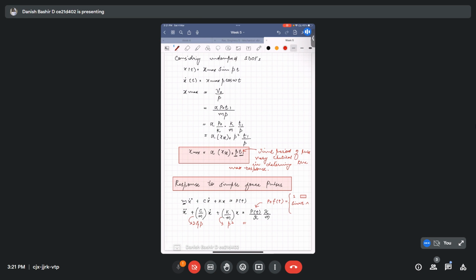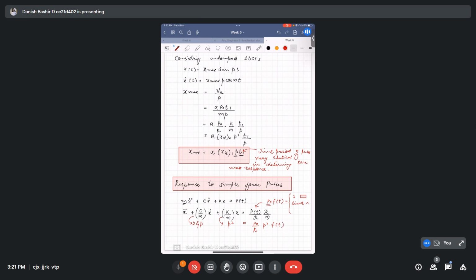Okay, like that. So it also has some variation. P of t will be some maximum amplitude p naught times some function, either rectangular or triangular or sine pulse. It depends. So it will be here p naught by k. Okay, k by m will be again p square, and there will be some function f of t that depends upon the type of pulse.